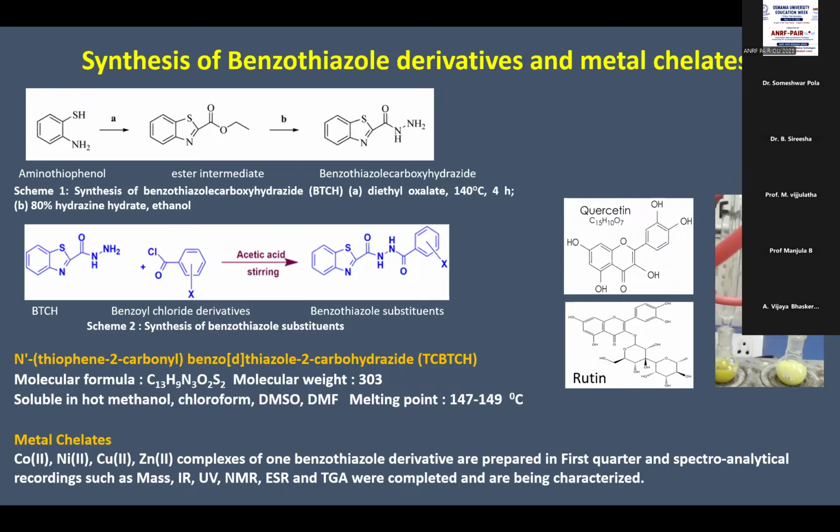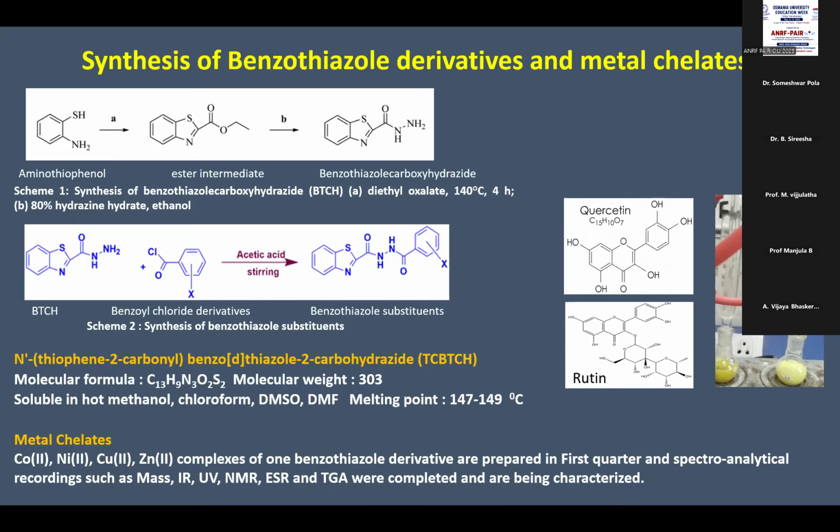And then we have synthesized the N-thiophene 2-carbonyl benzothiazole compound by refluxing with the benzothiazole carbohydrazide.